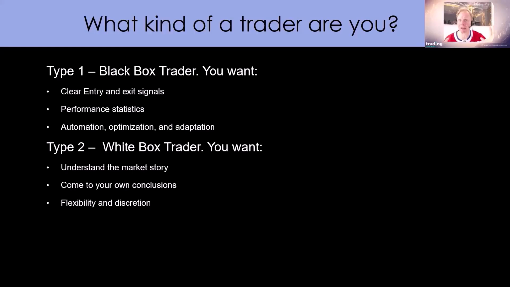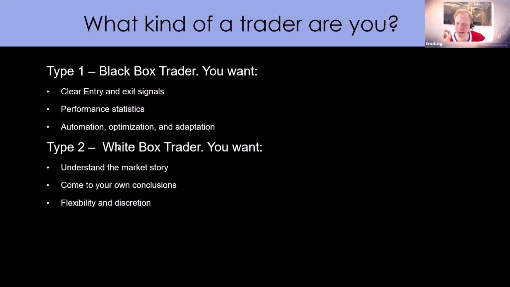Where are trend lines and so forth? And the white box trader wants to use all this information to come up with his or her own conclusions of what may be happening next. A white box trader very much trades with his or her discretion and prefers flexibility, not just black box buy and sell signals. So that, to me, is the other extreme.